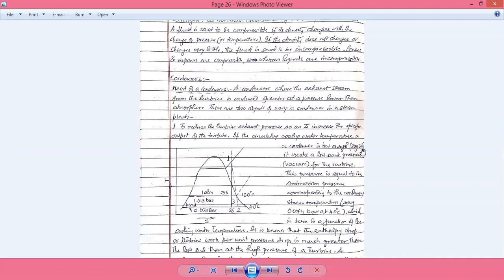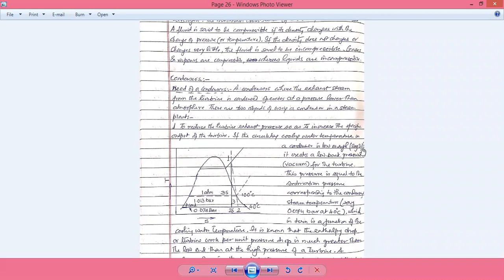Need of the condenser. A condenser, where the exhaust stream from the turbine is condensed, operates at a pressure lower than the atmosphere. What is a condenser? In the condenser, we absorb the exhaust stream from the turbine and it condenses and is converted into liquid water at a pressure comparatively lower than the atmospheric pressure.